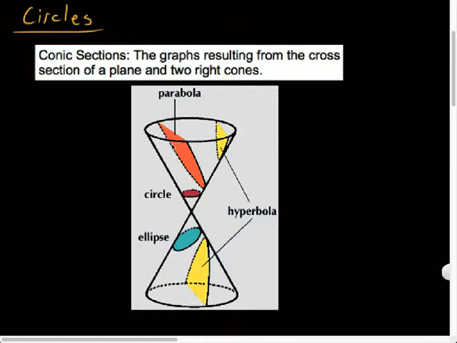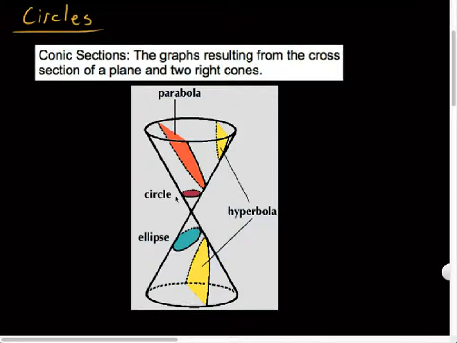If I swipe at even more of an angle, I might get what's called a hyperbola, and it's an interesting shape. We'll talk more about that later, but it ends up having two curves that are very symmetric to one another. And then if I swipe at, I believe, even more of an angle, I end up getting a parabola shape. So these are the four types of conic sections.